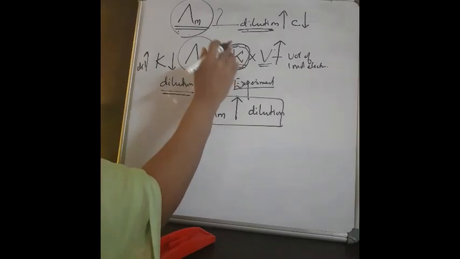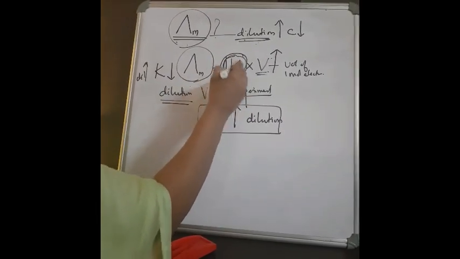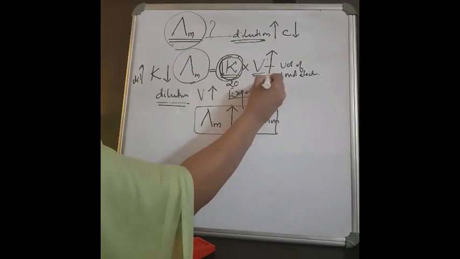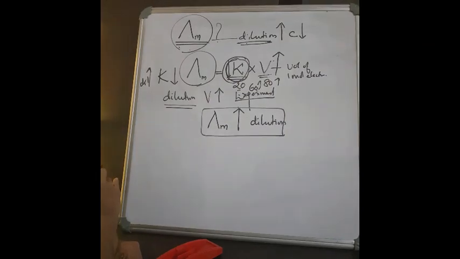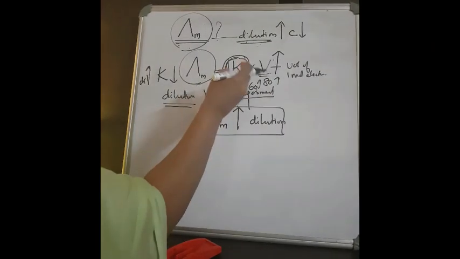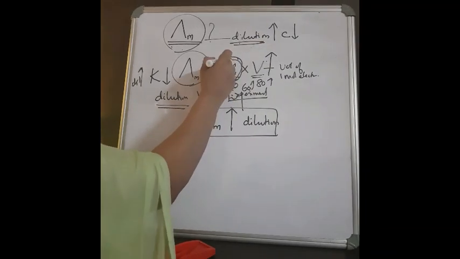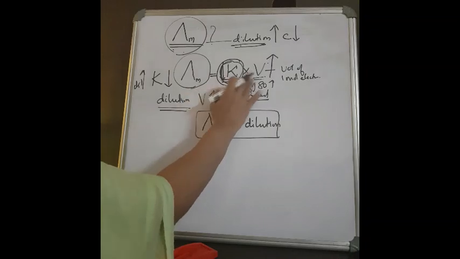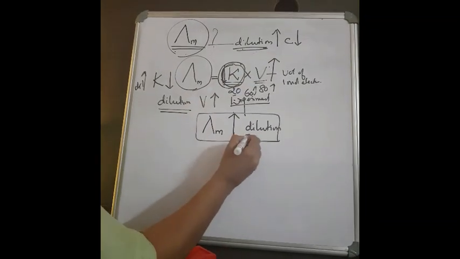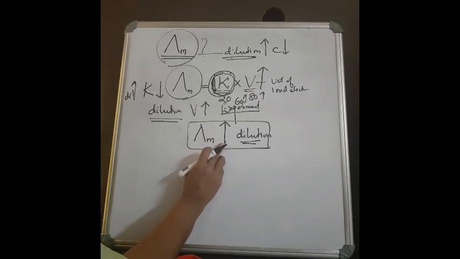For example, if you want a numerical value, if the conductivity is 20 times decreasing and the volume is 80 times increasing, what is the net result? It is 60 times increasing, isn't it? So the effectiveness of the increase in volume is more than the decrease in the conductivity. So in effect, as the dilution increases, the molar conductivity increases.